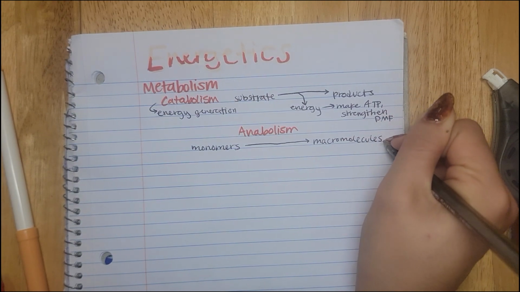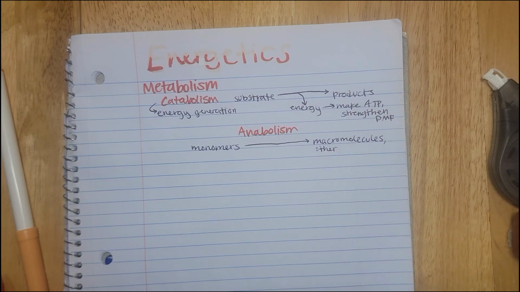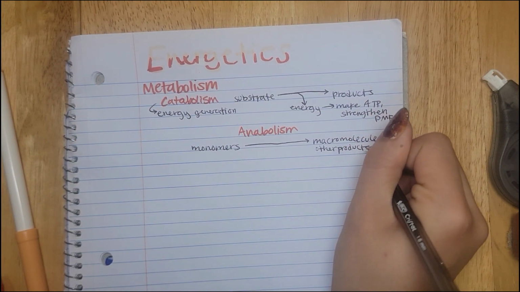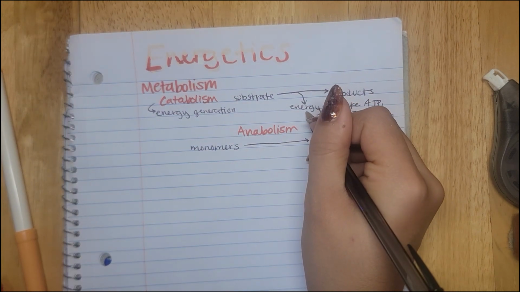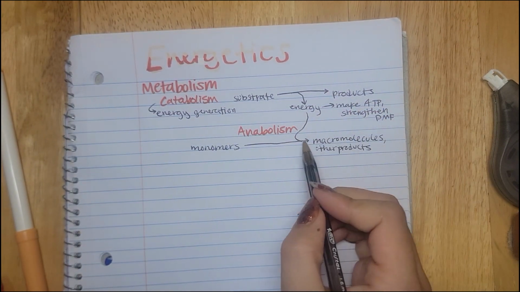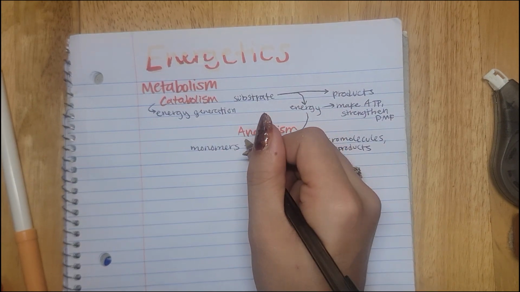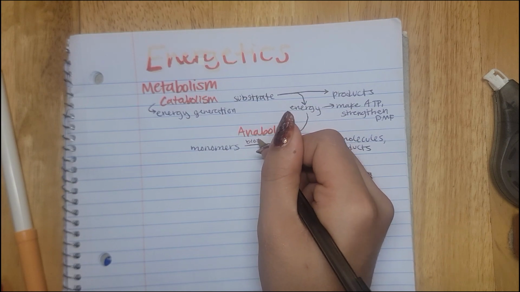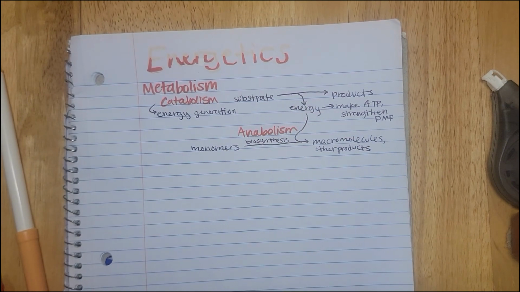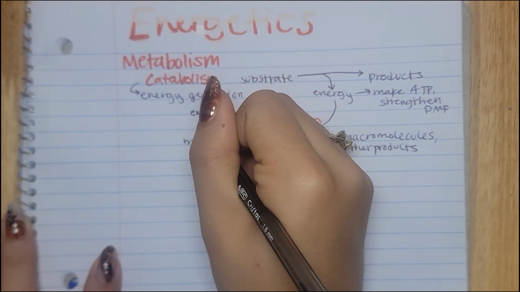That's a classic, you need your biomolecules and other products that are useful for the cell. So we use the energy that we got from catabolism. I'm just going to draw it like that, like it's going into the reaction to turn monomers into something useful for the cell through biosynthesis. So anabolism is energy use.